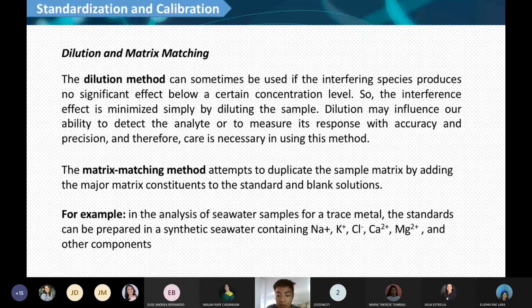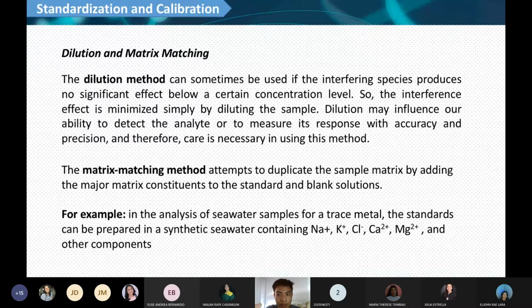Sometimes you can also do dilution and matrix matching. So, ano yung dilution method? Okay, so kumbaga, gagawin mo sa dilution method is that you will add water until the interferents are no longer detected. No? Ano ba nangyayari kasi when we add water to our solution? The concentration decreases.